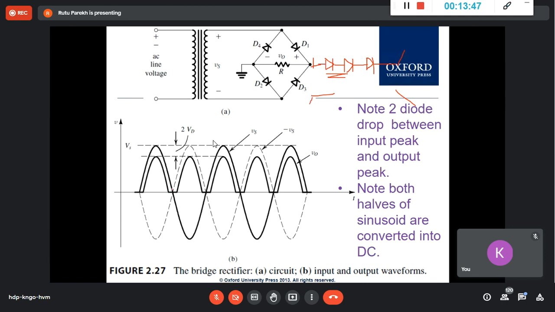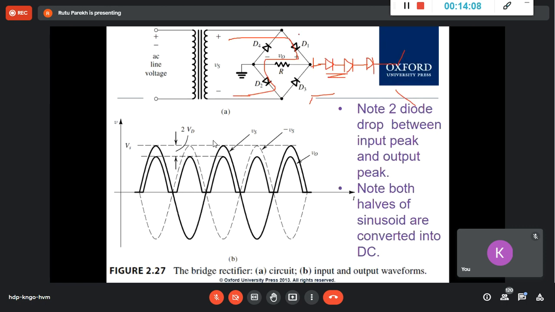Ma'am, in which terminal are we taking output? See, your loop is this way. You know KVL, right? Kirchhoff's voltage law. Yes. So your loop is this way. This is making your whole loop.